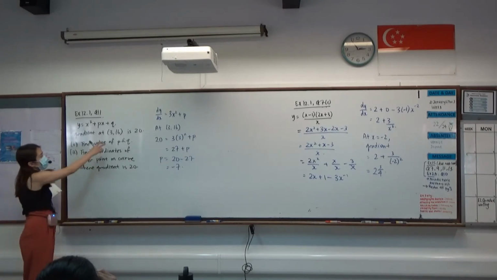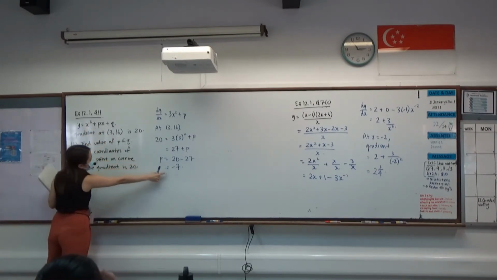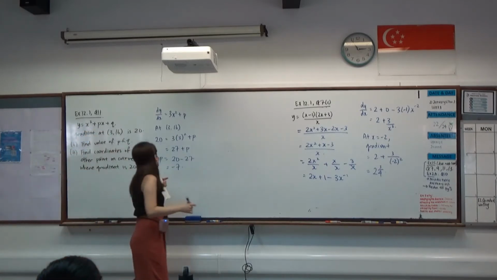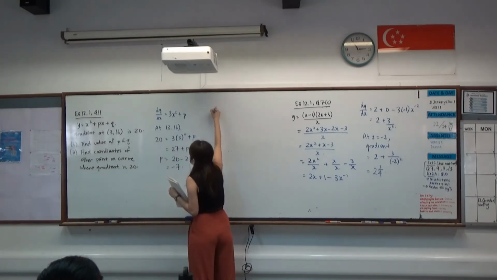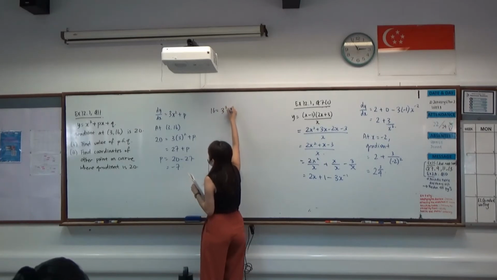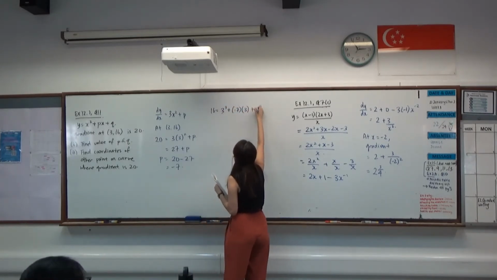Okay, very good. Because this point itself is found on the curve, we can substitute this point into the equation along with p to be -7. So having the x and y settled as well as the p, we can then find out what is the q. Okay, so 16 equals 3 cubed plus (-7)(3) plus q.